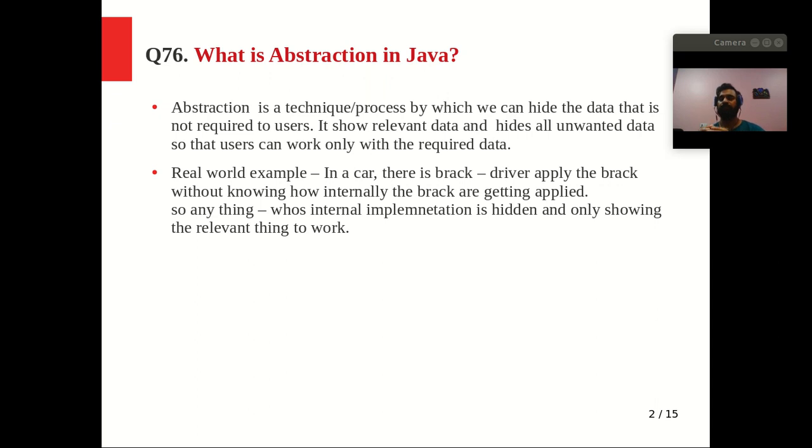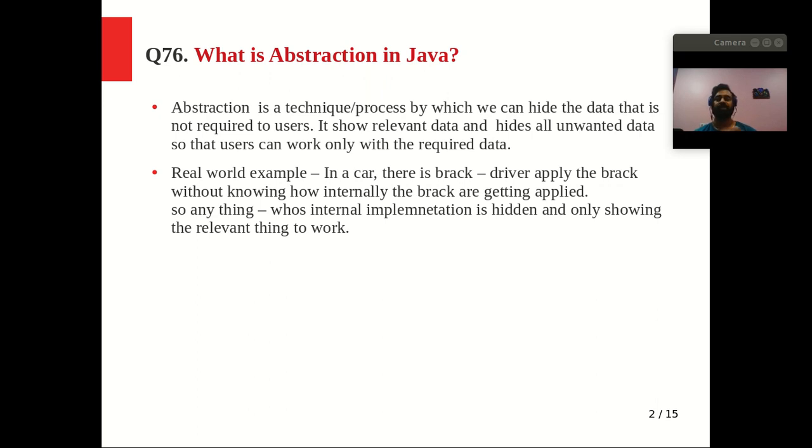The internal implementation is hidden from the user and it only shows the relevant things to work with. There is only a brake handle available to the driver to apply it. He doesn't know how the brake is applied. We can take this real world example to understand it better.